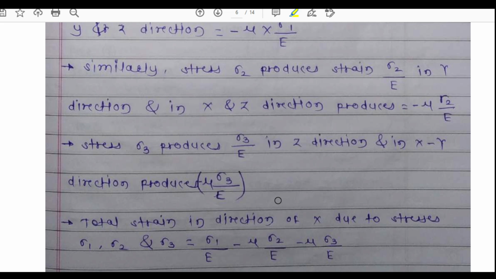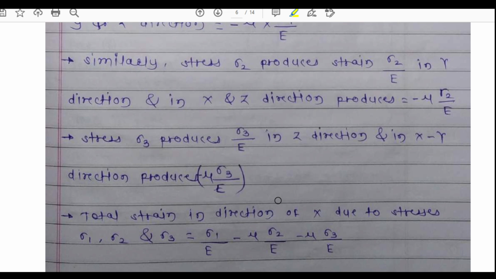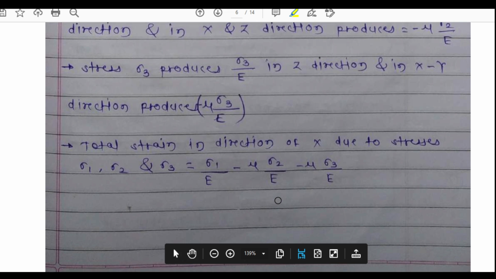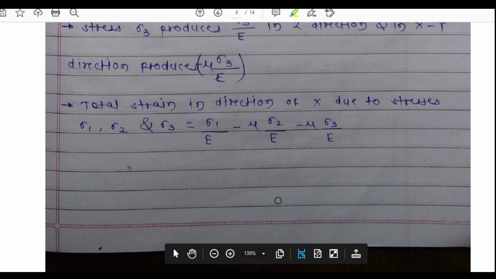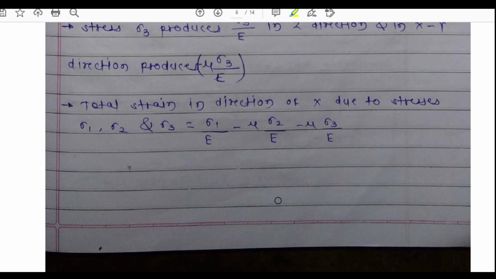As this is a three-dimensional system, x, y and z directions are there, whereas for two-dimensional, only x and y directions are there. So here we have to sum up total strain for x direction, y direction, and z direction. Assume that E1 is for x, E2 is for y and E3 is for z.